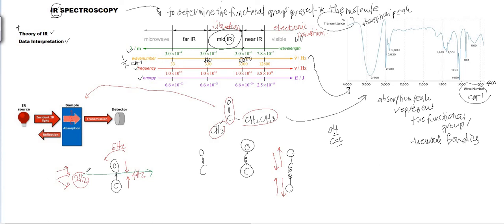But here, because it only gives 2 Hz, which doesn't match any of the frequencies it needs to vibrate, it will just pass through the sample. In other words, it will just transmit, and then it will be detected by the detector.